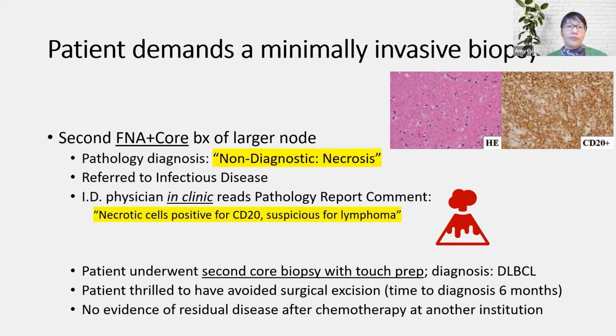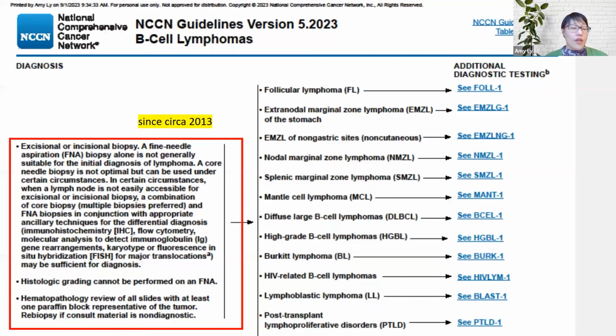So this patient's clinical team was trying so hard to avoid FNA and core biopsy, really pushing for that surgical excision. And it's not surprising because the NCCN guidelines really discourage the use of small volume biopsies for diagnosing lymphomas.